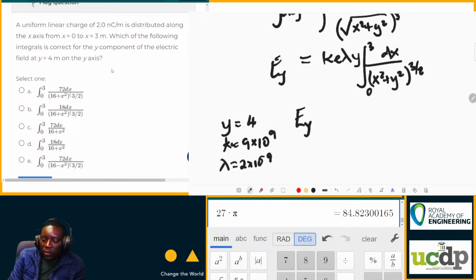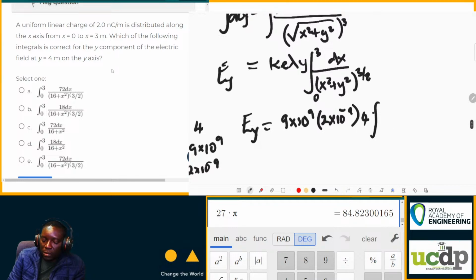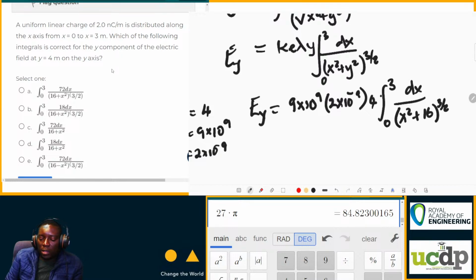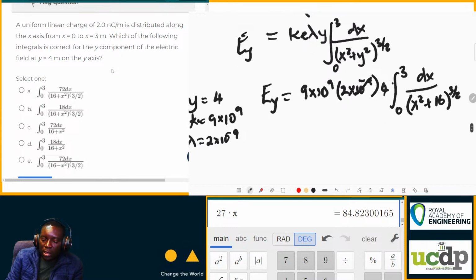So Ey is therefore equal to 9 times 10 to the 9 multiplied by lambda, let me use brackets, 2 times 10 to the negative 9, multiplied by y, which is 4, then the integral from 0 to 3 of dx over x squared plus y squared, which is 4 squared, 16, to the power 3 over 2. Do we have anything of that sort? 10 to the 9 cancels.